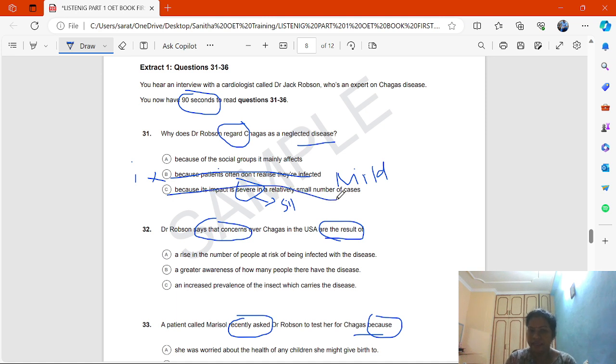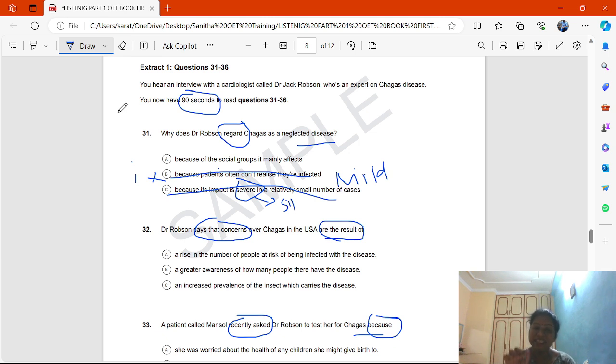Okay, I will repeat the audio once more. The last option: he said, what is the indifference? About 7 million people worldwide are thought to have Chagas, but it attracts relatively little publicity or funding for research.